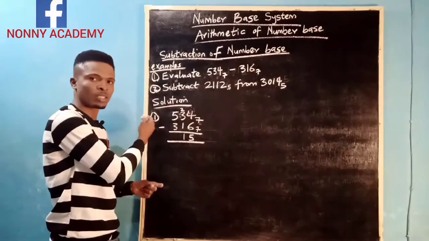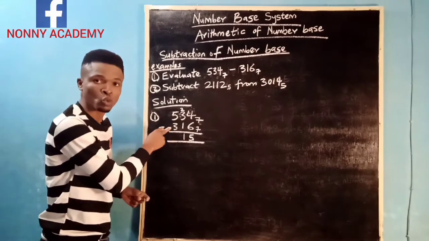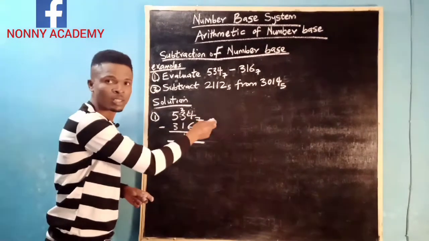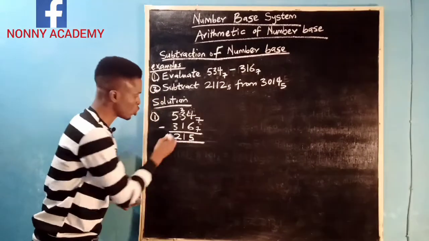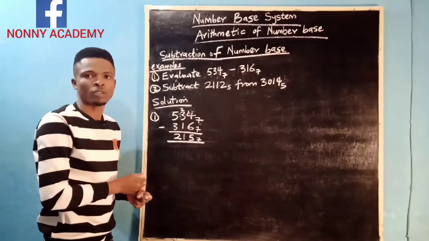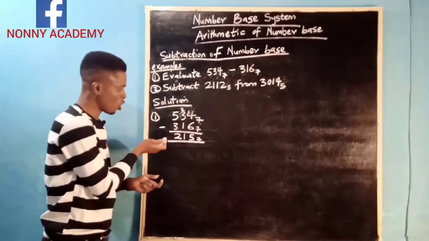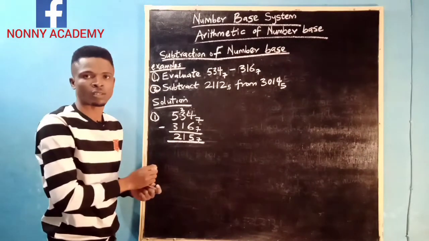Then we move to the last digit. 5 minus 3, which is 2. 2 is less than the base, which is 7. I put 2 here. So this one will be in base 7. Now the aim is to make sure that all the digits are all less than the base.